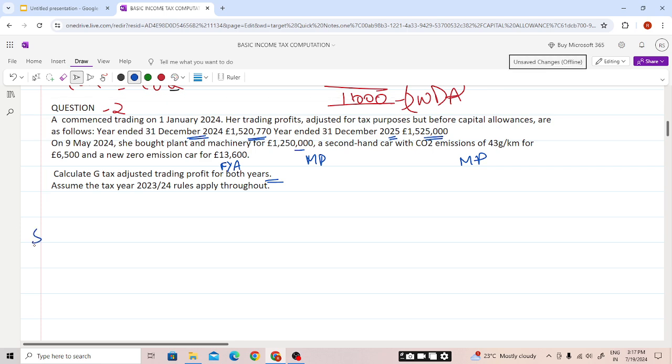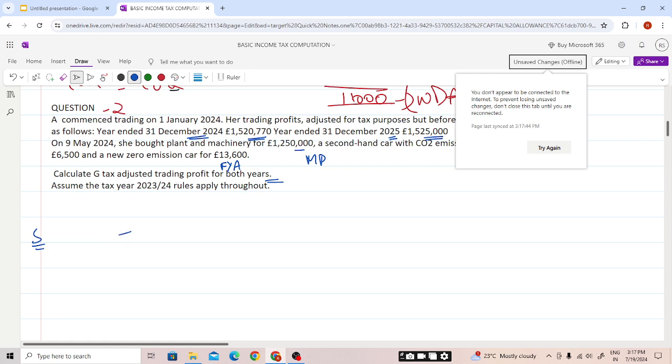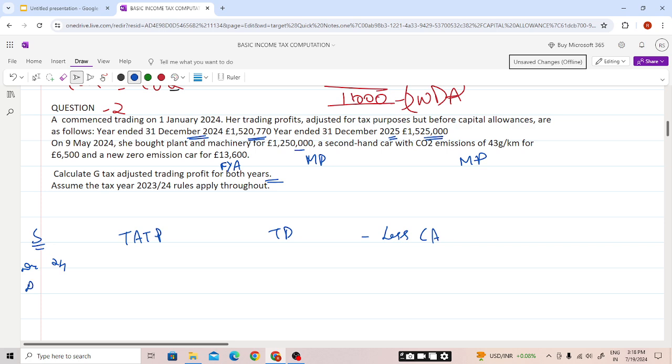So let's start the solution. The tax adjusted trading profit will be the trading profit less capital allowance. So for the year December 24 and December 25, we are calculating for the accounting period here, students, not for the tax year.